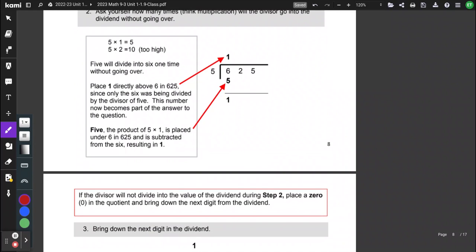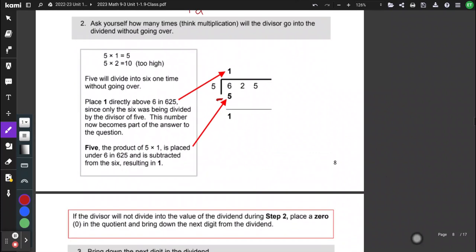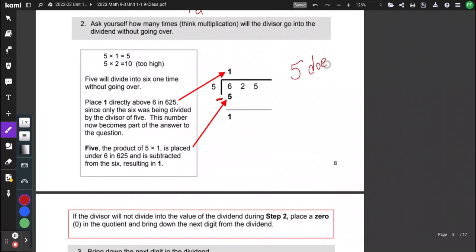In this step, they're showing it'll go in 1 time. We now subtract, and we get 1 left over. 5 does not divide into 1.